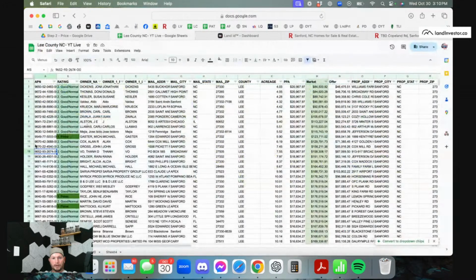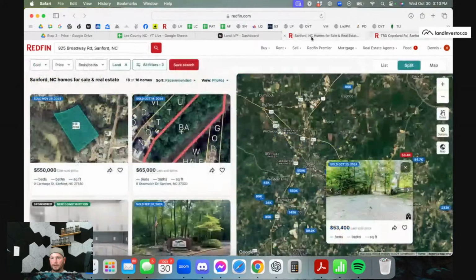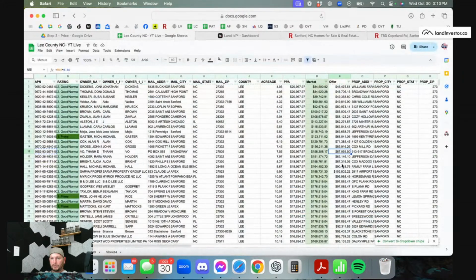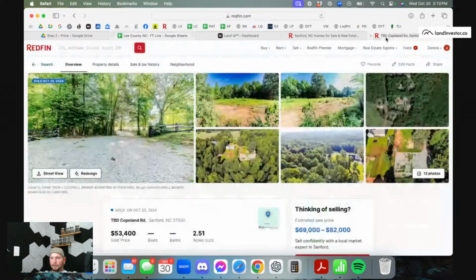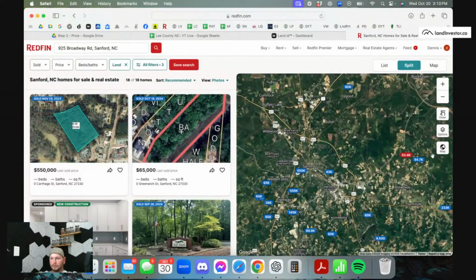Where are we at right here? 87. Let's go back. See if we see anything that makes sense at 87. We're saying it's worth 158. So this is smaller parcel, sold for low. So let's see.